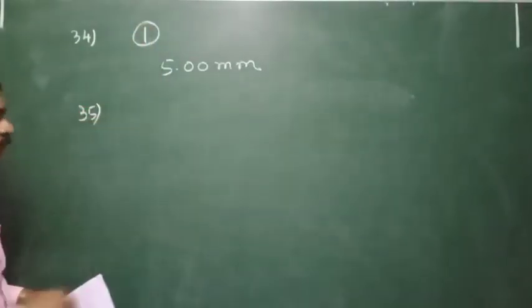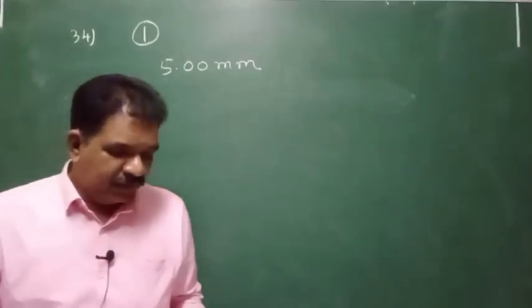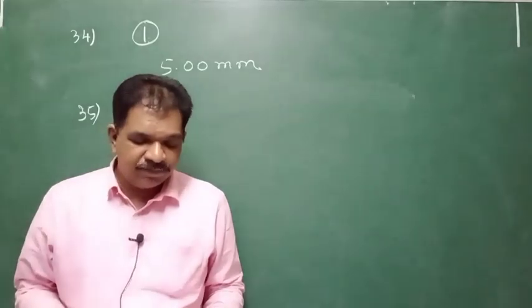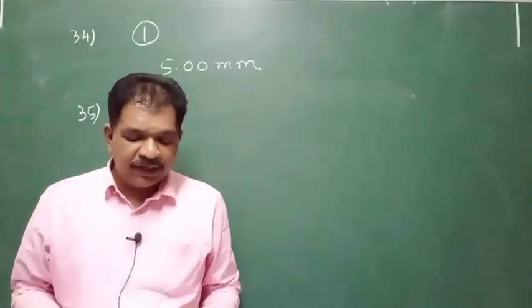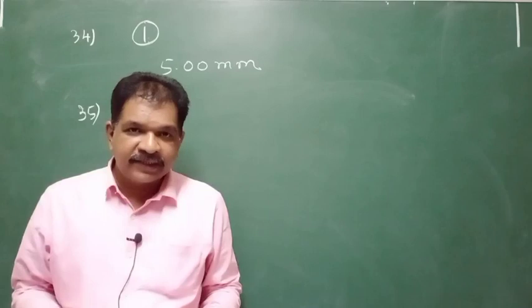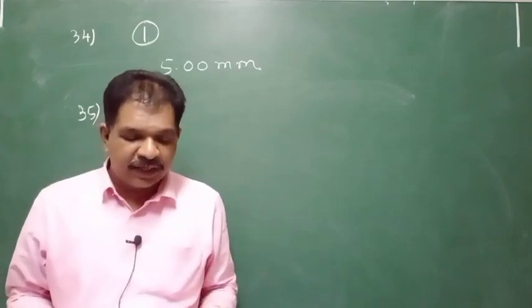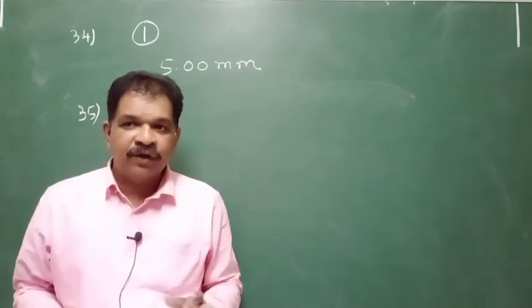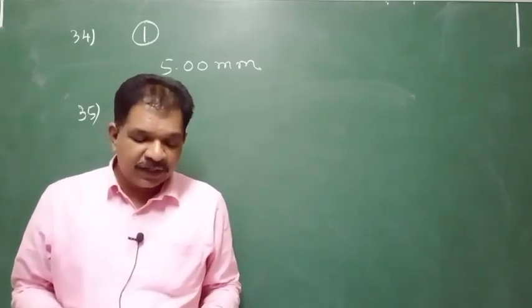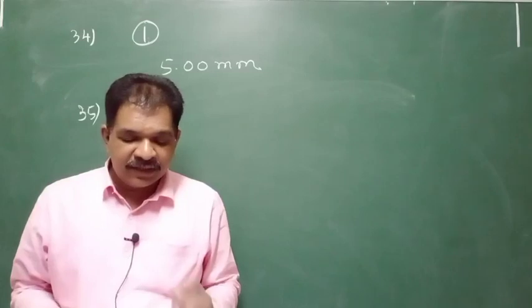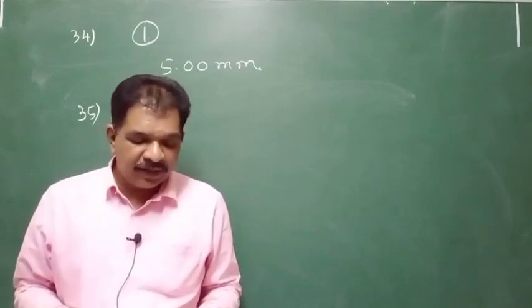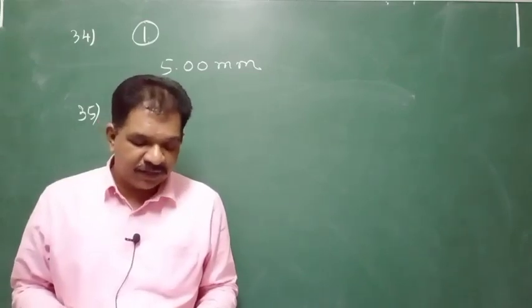Next, question number 35, you see. The sun is a hot plasma with its inner core at a temperature exceeding 10 power 7 Kelvin and its outer surface at a temperature of about 6000 Kelvin. The mass of the sun is given, radius of the sun is given.